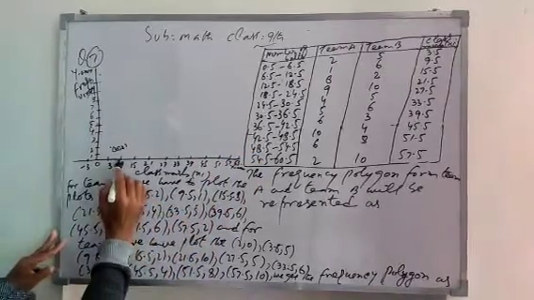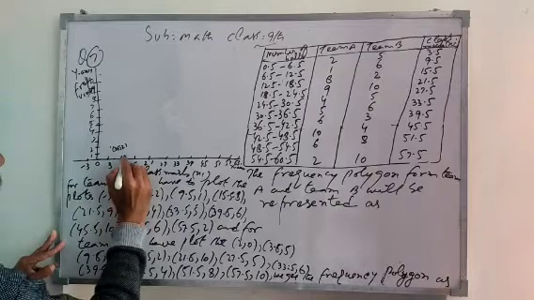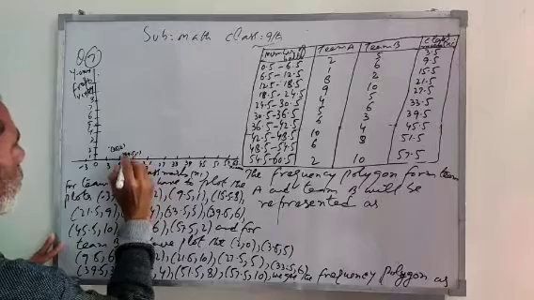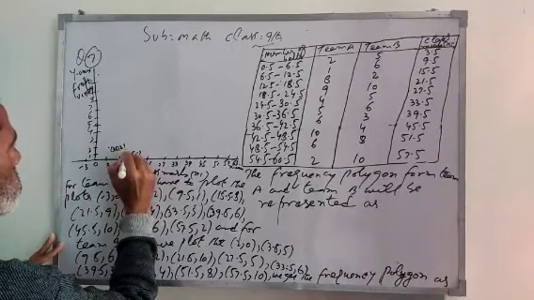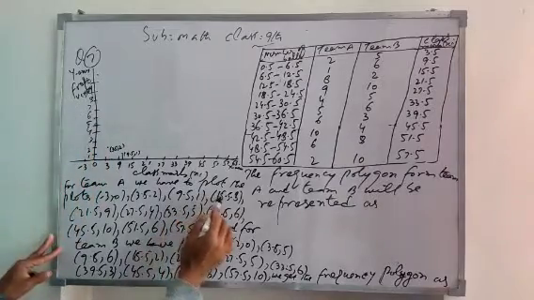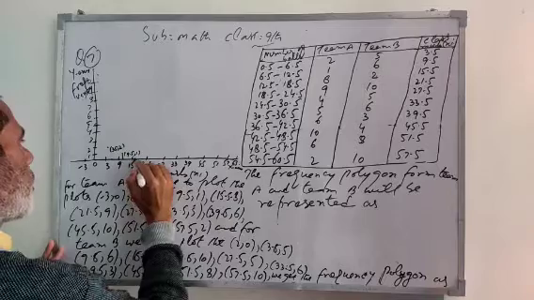Second is 9.5 comma 1. This is 9.5 comma 1. Here. Second point. Third point is 15.5 comma 8. 15.5 is here, 8 is here.